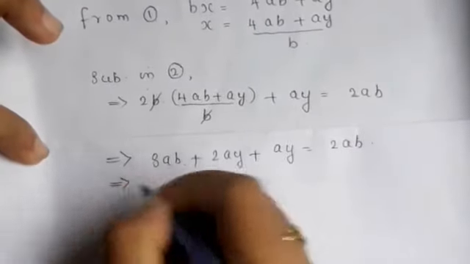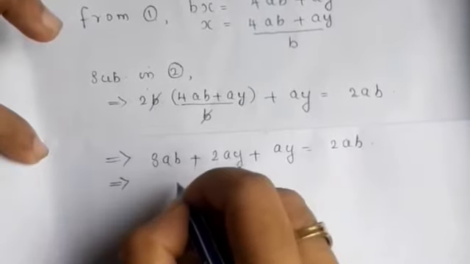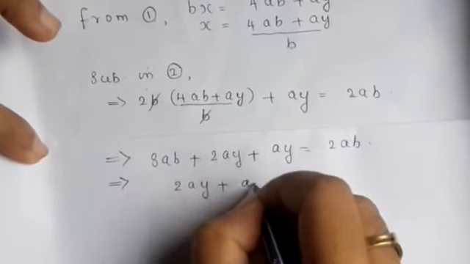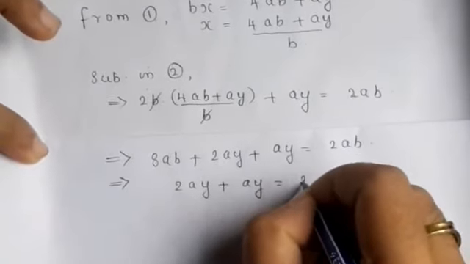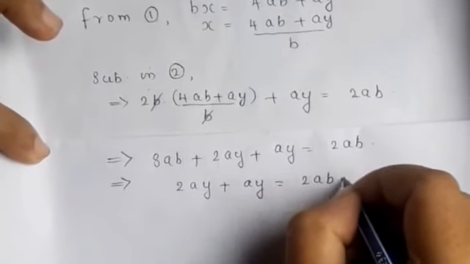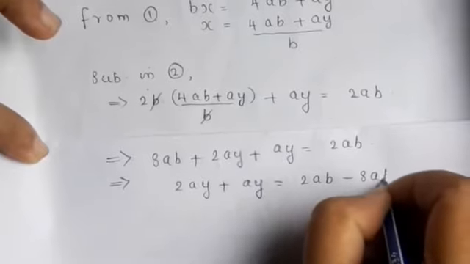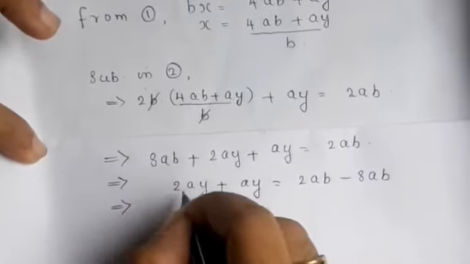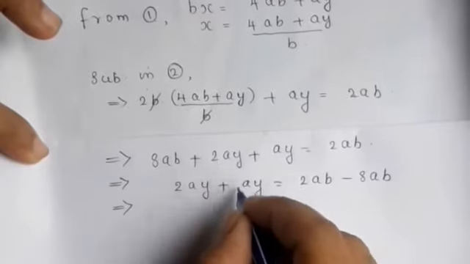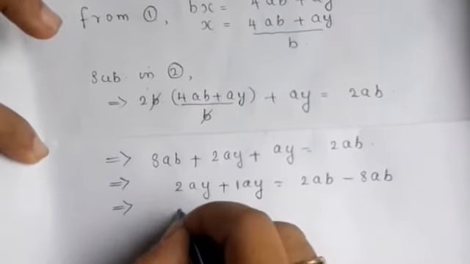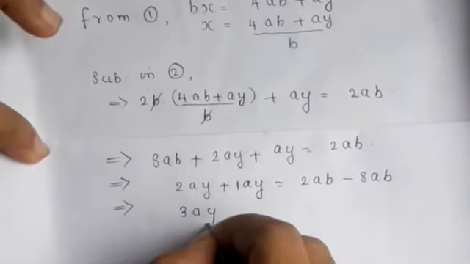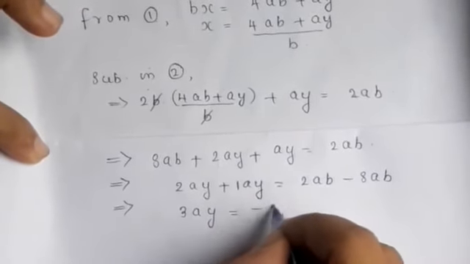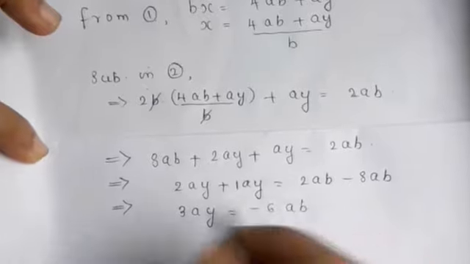Okay. Now arrange the y variable only on the left side. So 2ay plus ay is equal to 2ab minus 8ab. So 2ay, and ay how many times? This is 2 times, this is 1 time. So total 3ay. 3ay is equal to 2ab minus 8ab, minus 6ab.